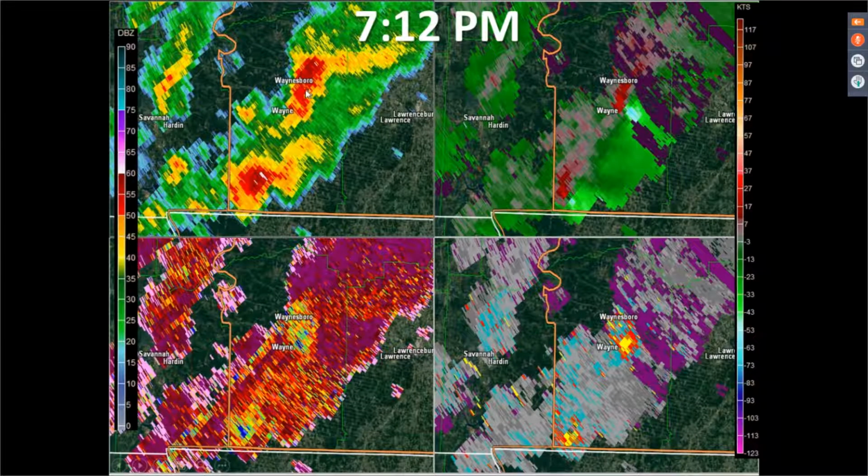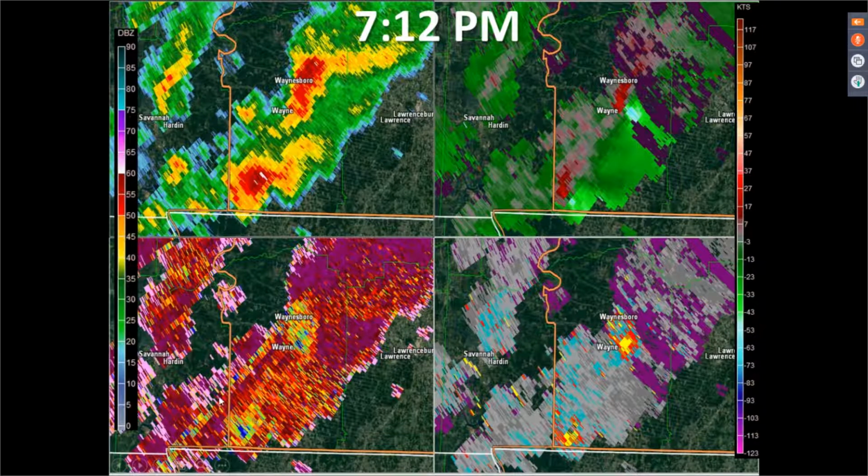So the storm continues there. Now it's southeast of Waynesboro. You can see the hook even better now there at 7:12 p.m. The rotation's still pretty strong there at the top right, just southeast of Waynesboro. And the CC is not as strong as it was. They're not as deep. There's not as much deep blues there, but it's still there southeast of Waynesboro.